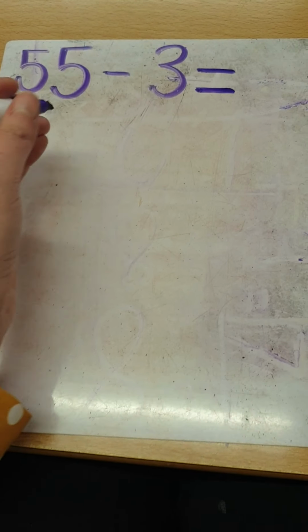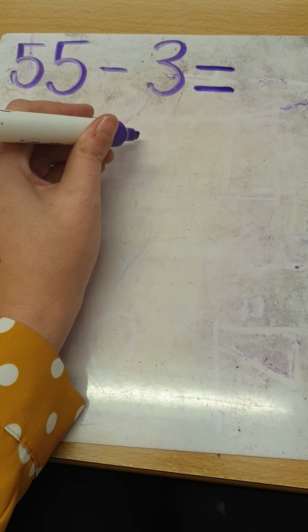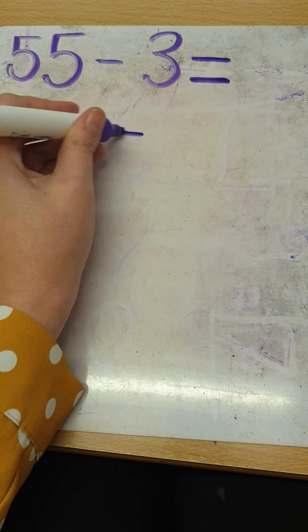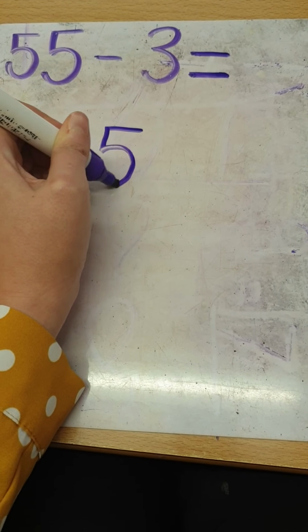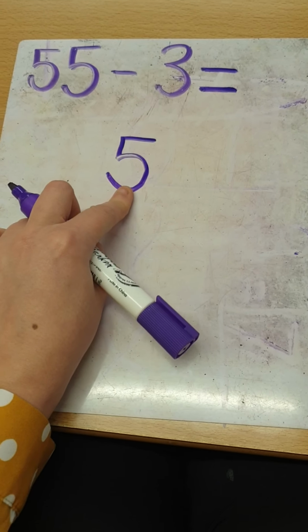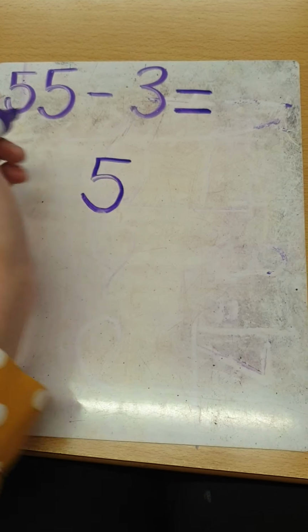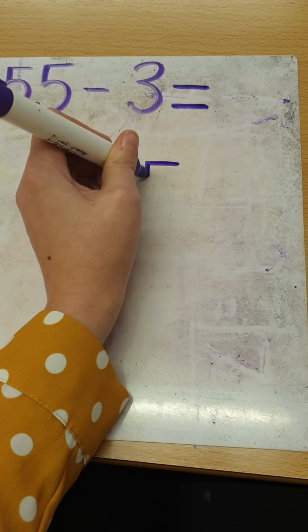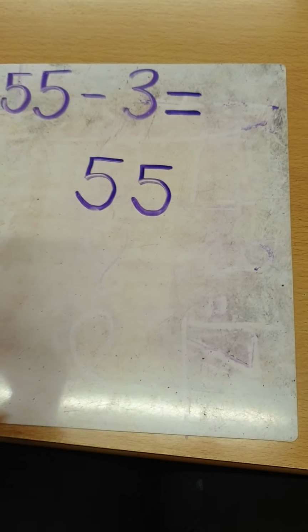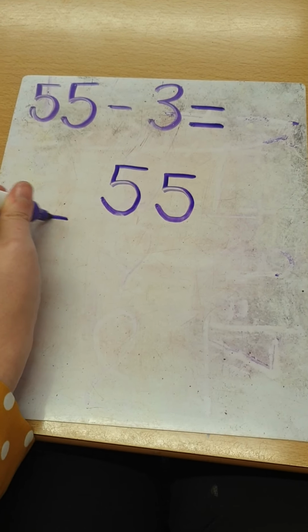So again, what am I going to use to solve this sum? Brilliant. I'm going to use column subtraction to help me solve this sum. So I'm going to start with my 55. I've got 5 tens in 55, so there's my 5 tens, and I've got 5 ones, so I'm going to put my 5 ones next to it. Fantastic. And then I'm going to do my takeaway.